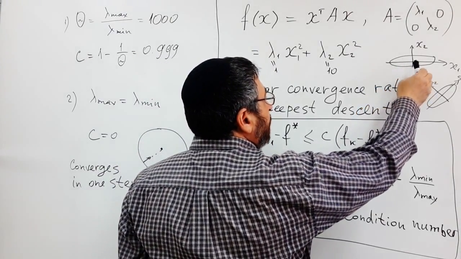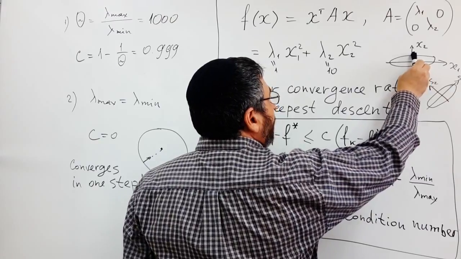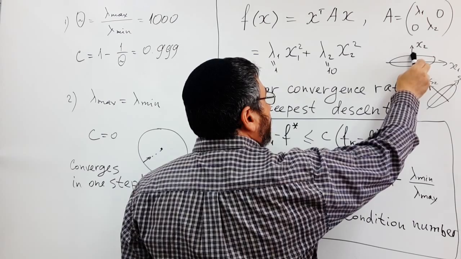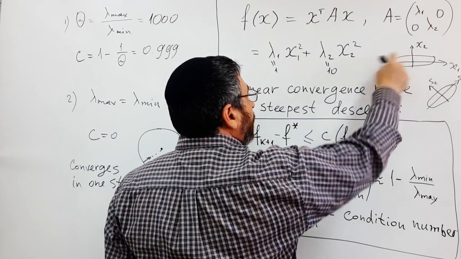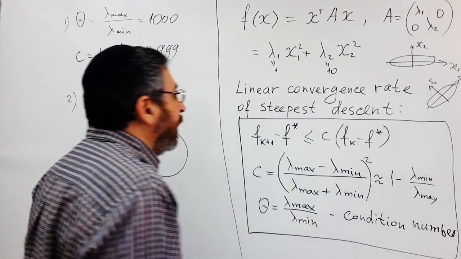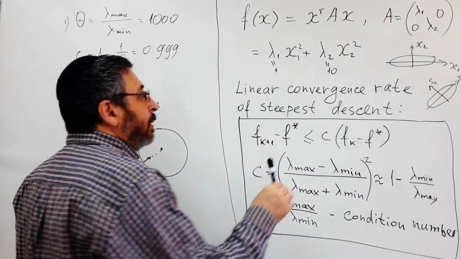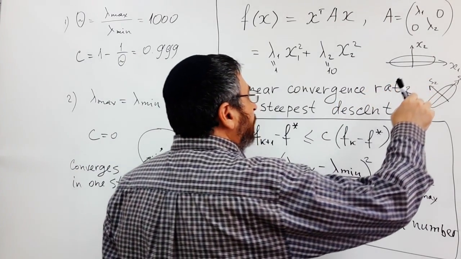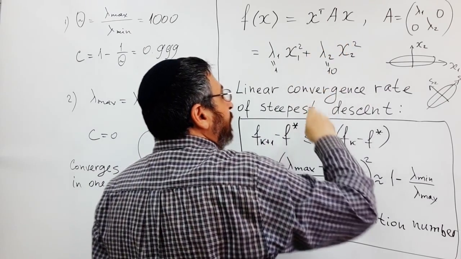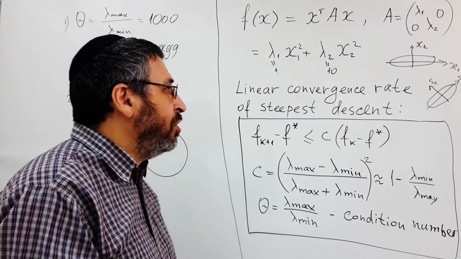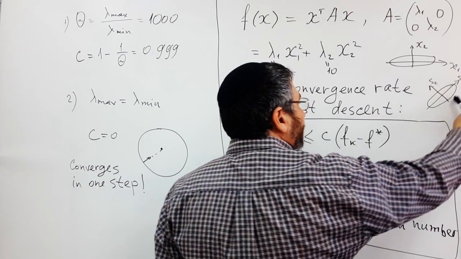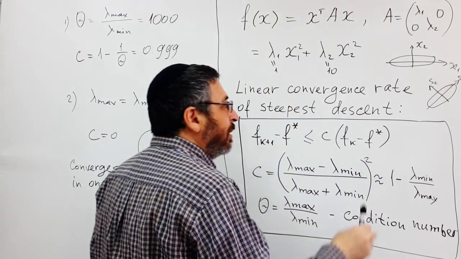We can understand this because to get to a level line with some constant value, we should change x2 to a smaller extent and change x1 to a larger extent to get to the same value. And in general, if matrix A is not diagonal, it has an eigenvalue decomposition, and the level lines will also look like ellipses.